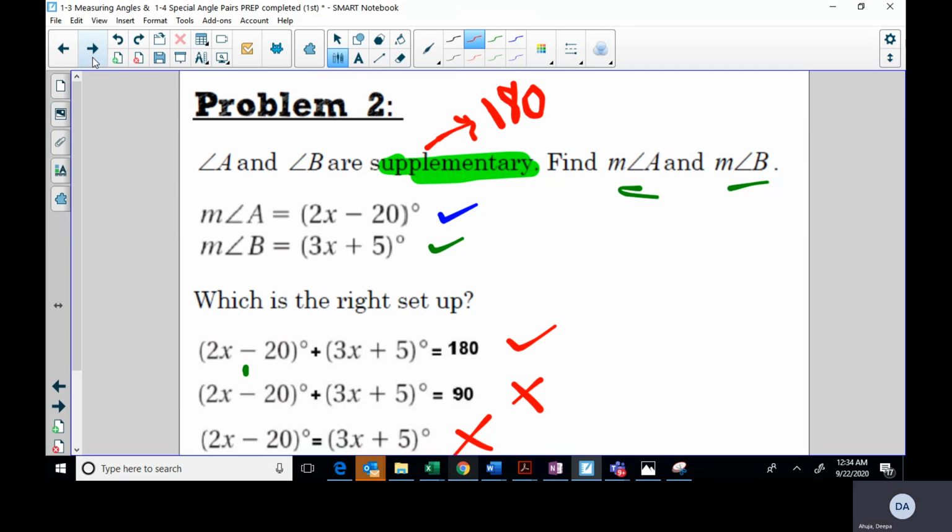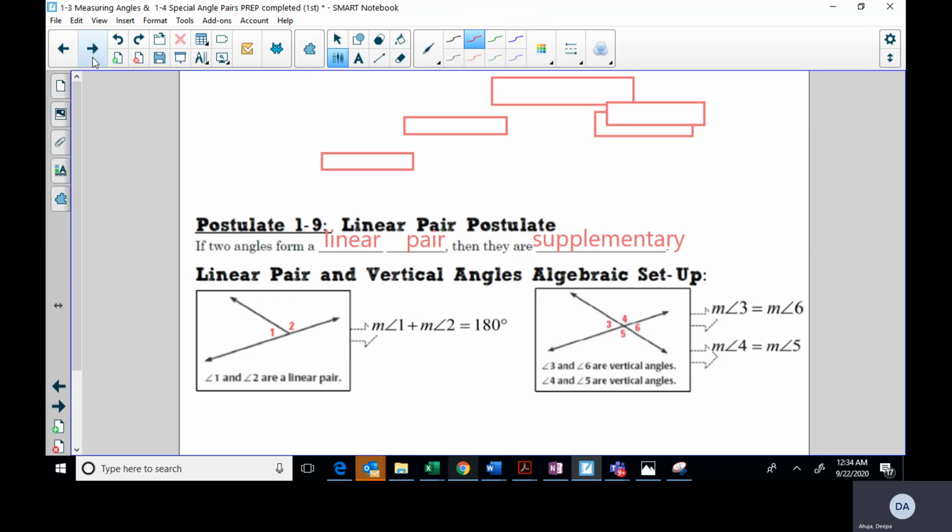Let's move on to the next slide. Linear pair postulate, a very important postulate. A postulate means these are the facts you can directly use, no need to prove it. What does this fact say? Linear pair: if two angles form a linear pair, then they are supplementary.